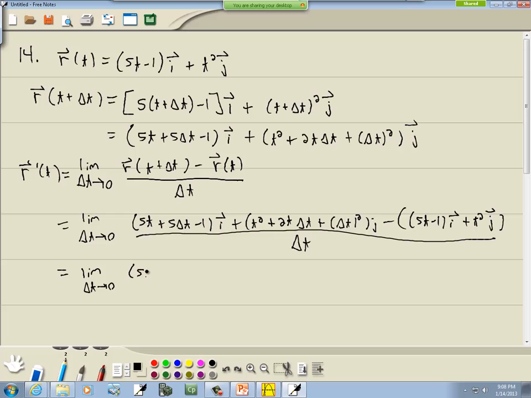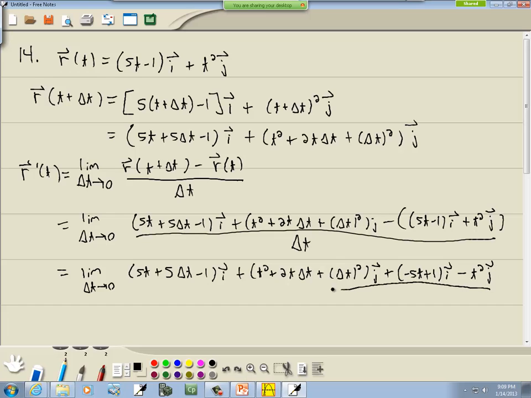So we're going to have 5t plus 5 delta t minus 1 i plus t squared plus 2t delta t plus delta t squared j. And this negative, I'm going to go ahead and carry it through. So we're going to have a plus, and then we'll have negative 5t plus 1 i minus t squared j, over delta t.